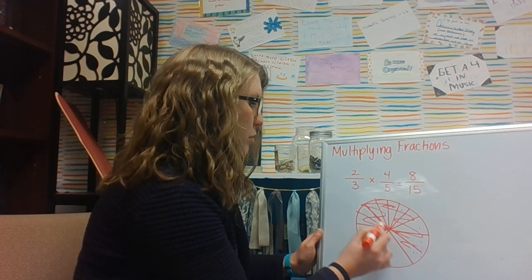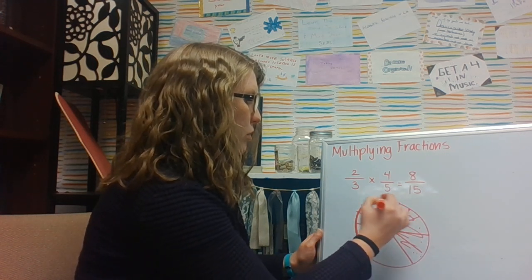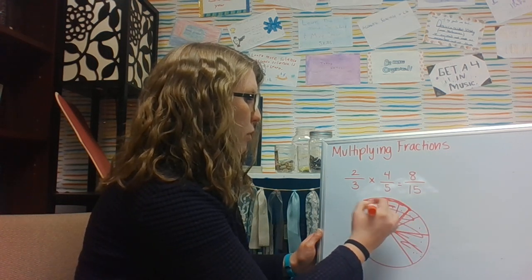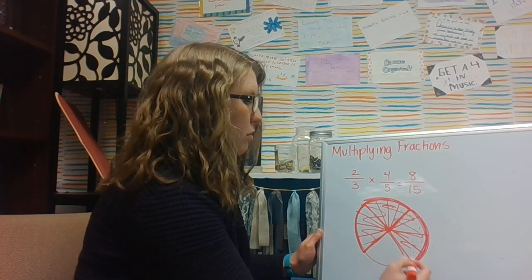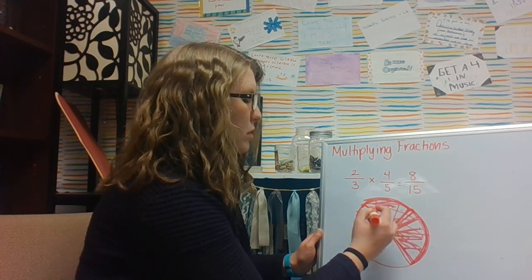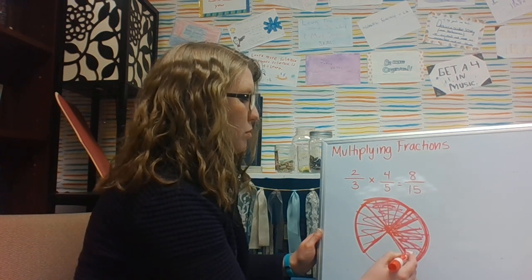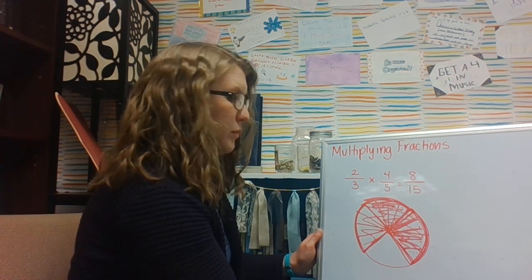So if I were splitting my 4/5 into thirds, this would be 2/3 of it, which equals 1, 2, 3, 4, 5, 6, 7, 8 pieces of the 15.